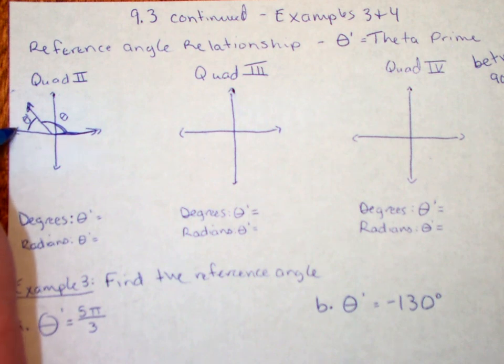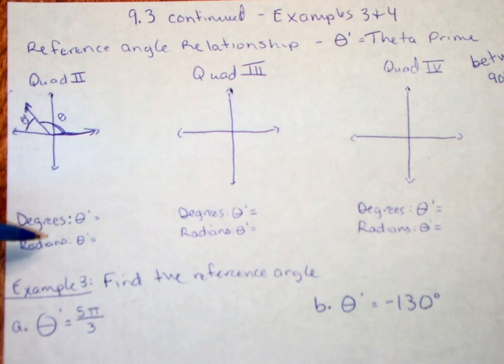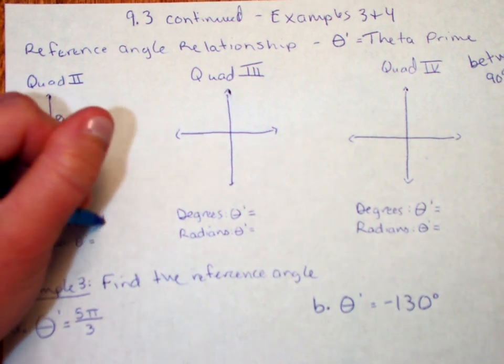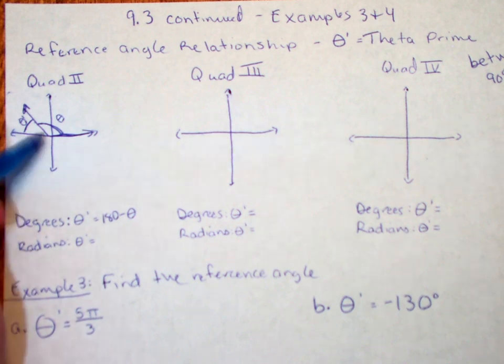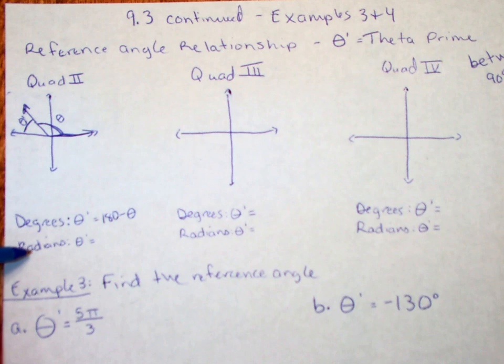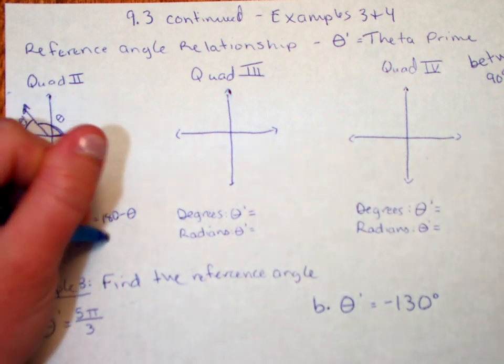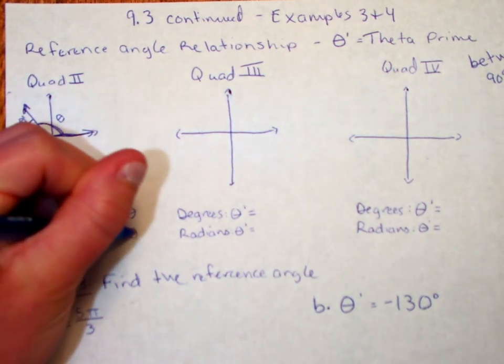So to find that extra angle, you take 180 minus theta. If it was radians, it would be pi minus theta.